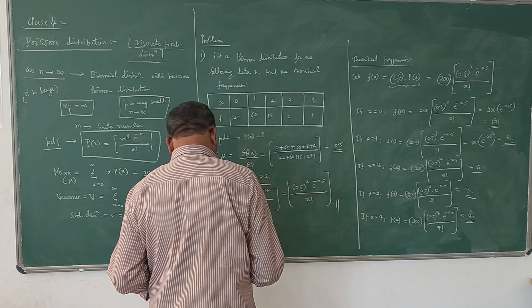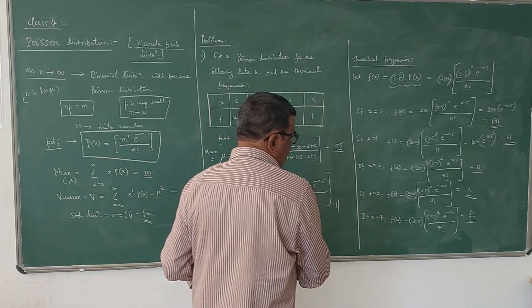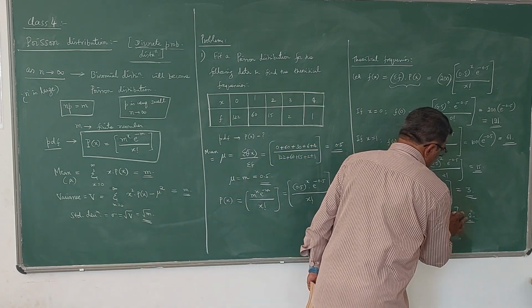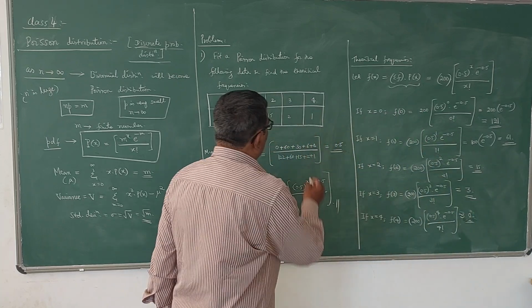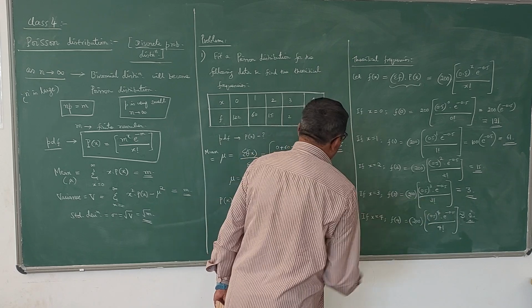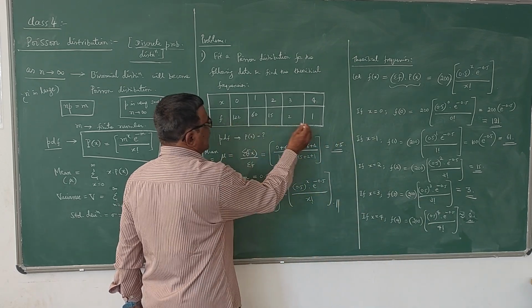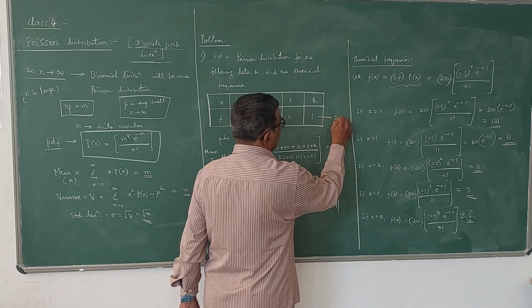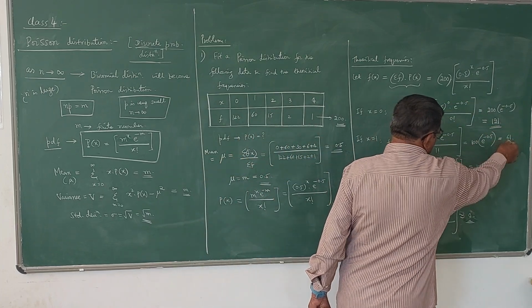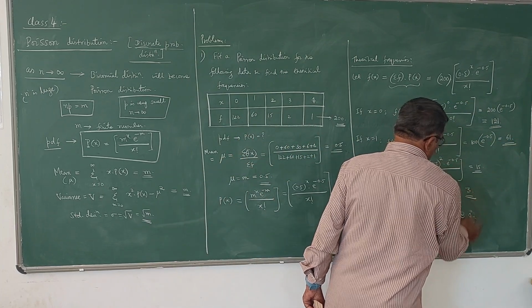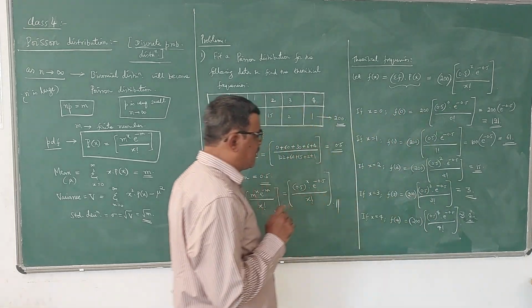Theoretical frequency is almost 0. You will get a very small number, you can take it as 0. So observed is 1, theoretical is 0. Now if you add the entire thing, you are going to get 200. That is your sigma. If you add these also, 121 plus 61 plus 15 plus 3 plus 0, that also you should get 200 only.